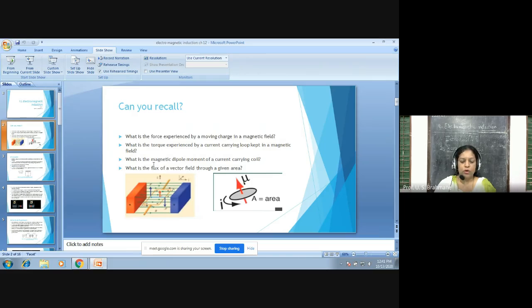And also, what is the magnetic dipole moment? The dipole moment of a current carrying coil: mu is equal to IA. This is a very important relation.